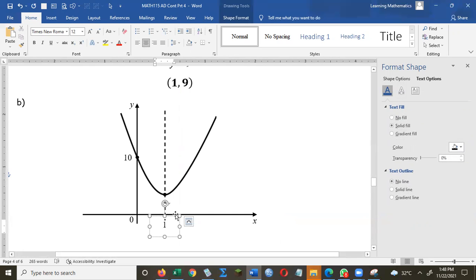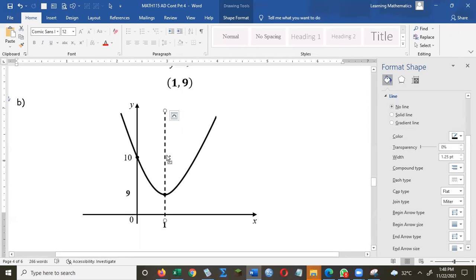And 9 now is the minimum value. Here it is, 9 coming right there. It's below 10. If you want, you can put a little dotted line just to show that you're coming across from here.